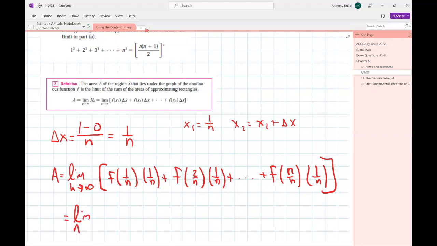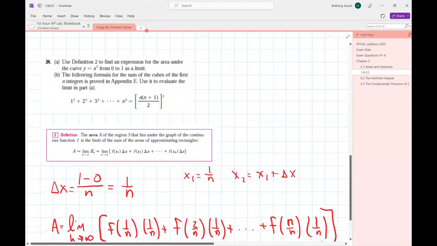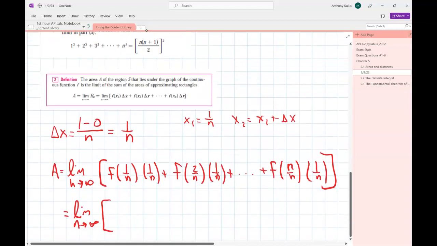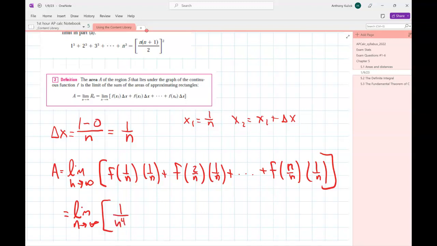And now I'm going to do a little bit of simplifying here because I know what f is. My function f is x cubed. So when I do 1 over n cubed, I'd get 1 over n cubed. And when I multiply it by 1 over n, I get 1 over n to the 4th.